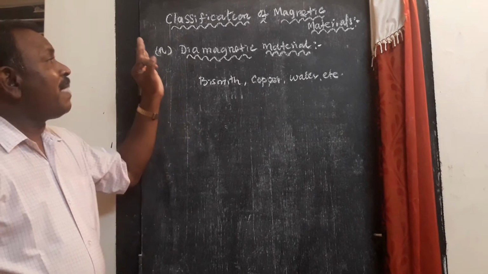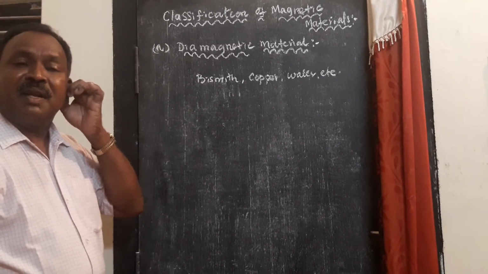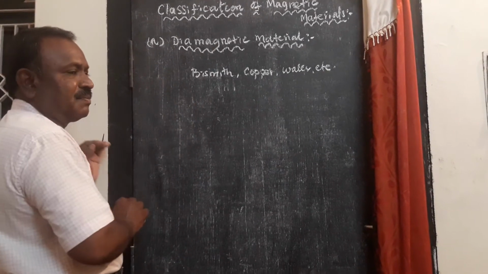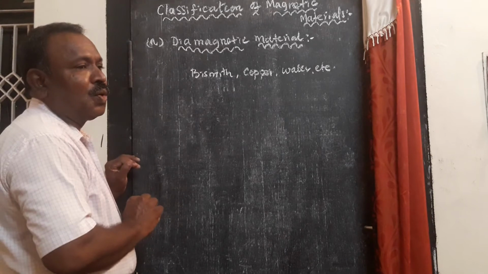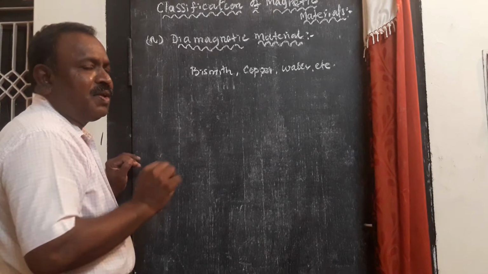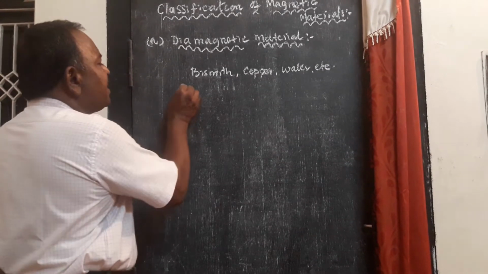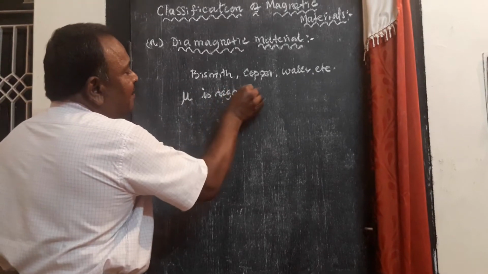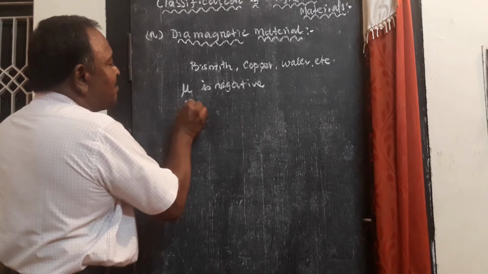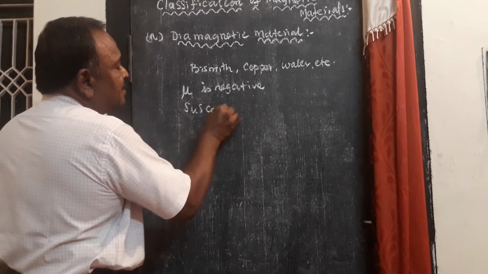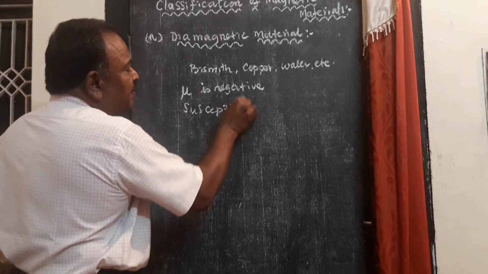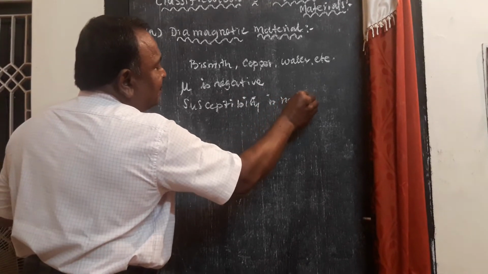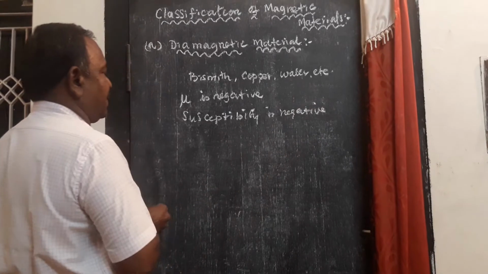When we consider the magnetic properties, we have already seen the intensity of magnetization is very low. Permeability is negative. Susceptibility is also negative.